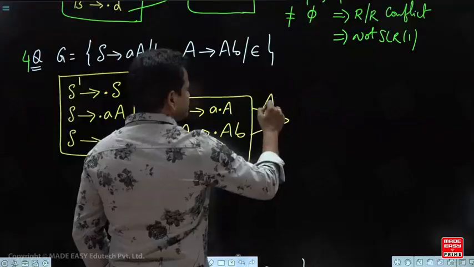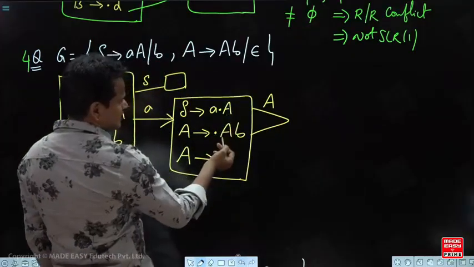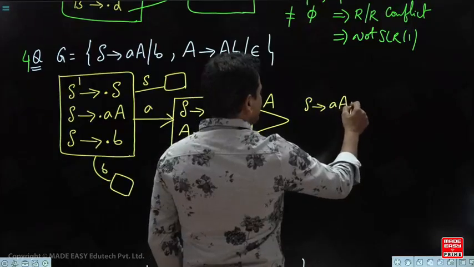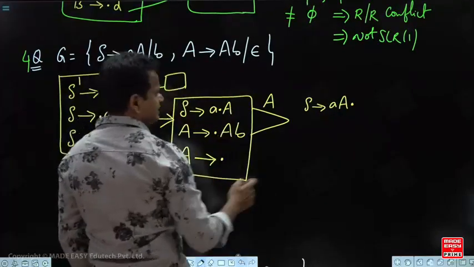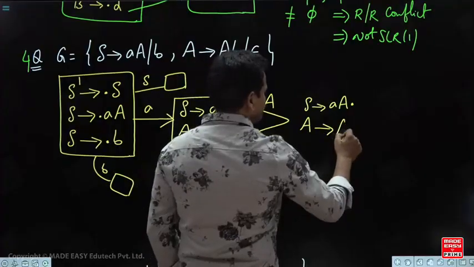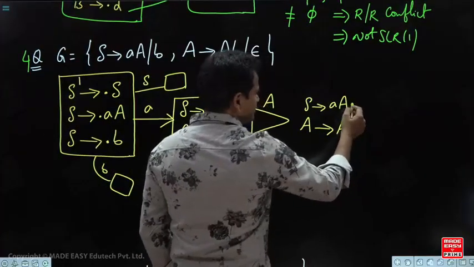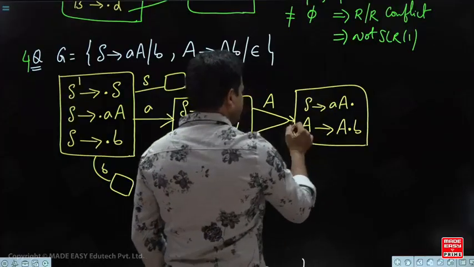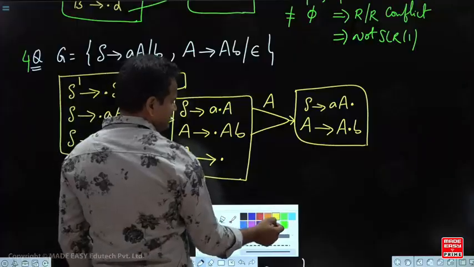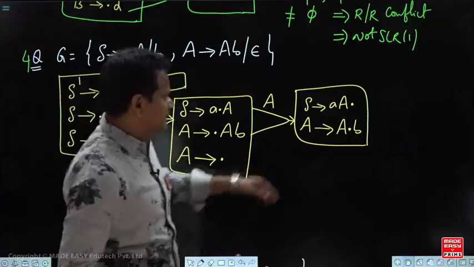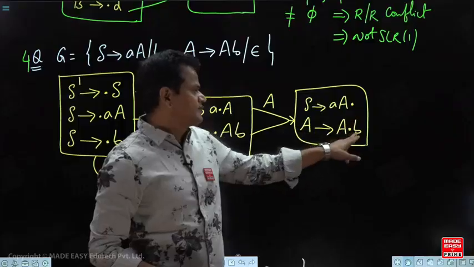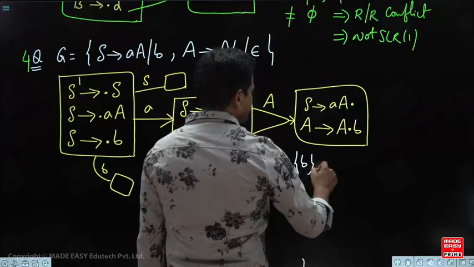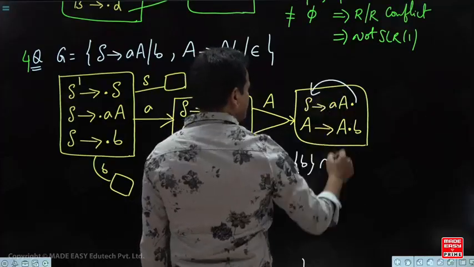And look at this. This is on small a, both are the same symbols. If I write S goes to A dot, and here A goes to A dot B, dot after nothing, dot after terminal. So close this. Now, yes, there is a chance of having the conflict because we have the final item and a shift symbol terminal. Take that shift symbol terminal, and final items follow.